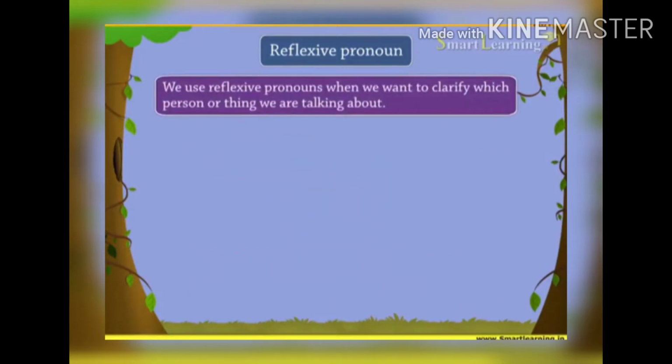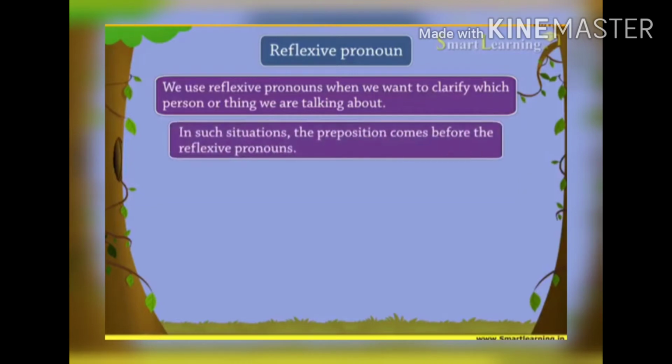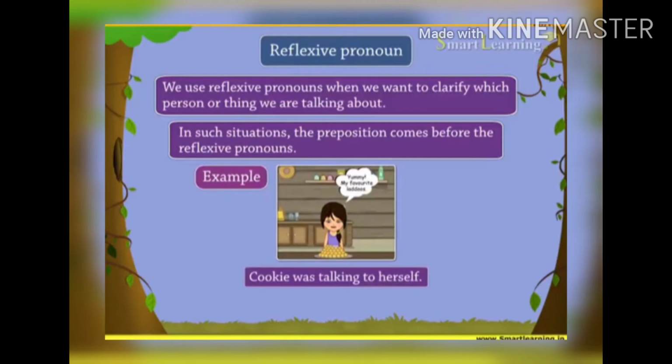We use reflexive pronouns when we want to clarify which person or thing we are talking about. In such situations, the preposition comes before the reflexive pronouns. For example, Cookie was talking to herself.